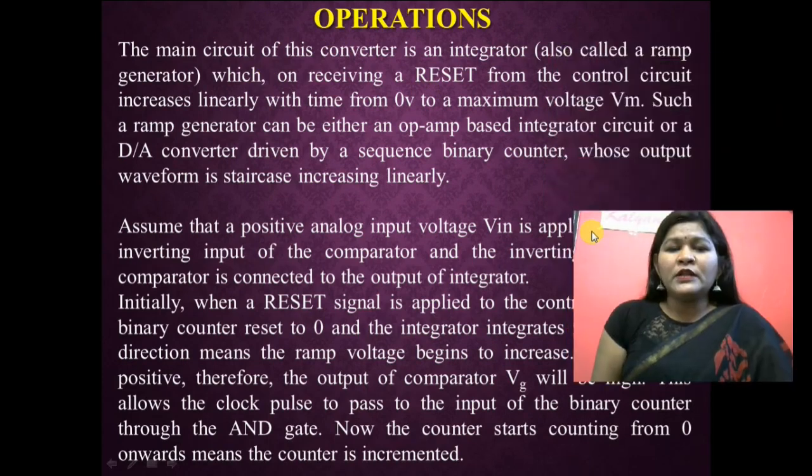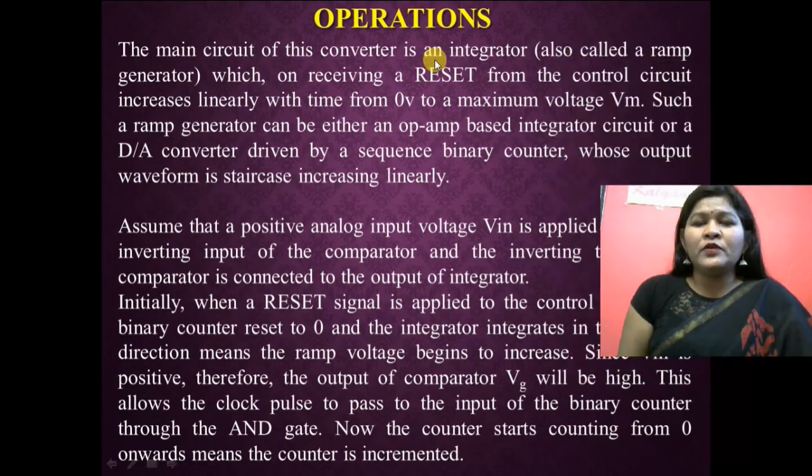We have already discussed that this converter uses the integrator. This is an integrator which, on receiving a reset from the control circuit, increases linearly with time from 0 volt to a maximum voltage Vm.